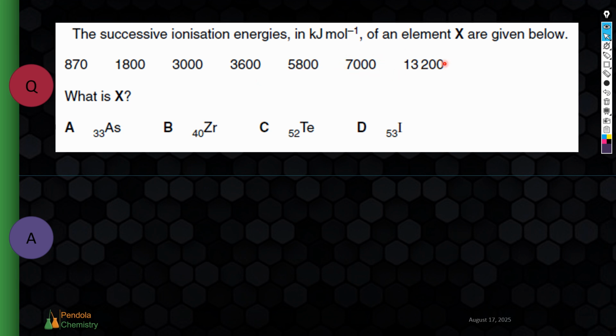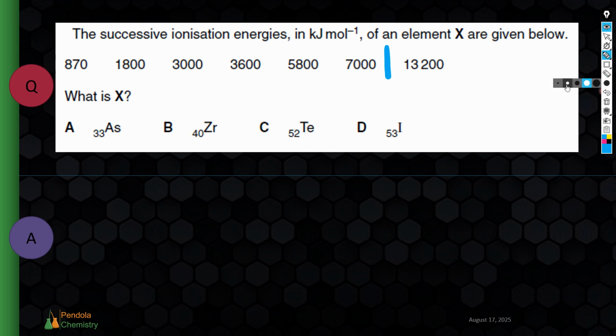And then we get here, 7,000 all the way up to 13,200. That's a jump of almost 7,000 compared to the biggest jump before this, which was around 1,200. So the big jump is going to happen right here.